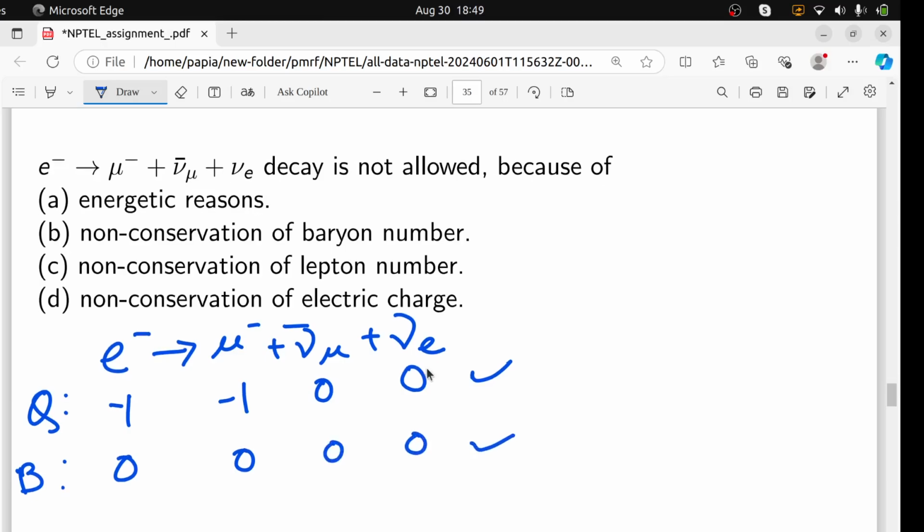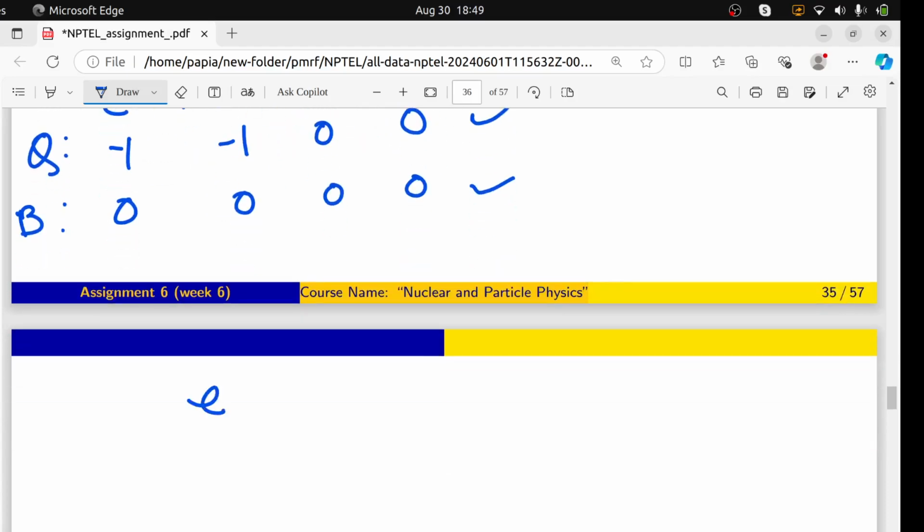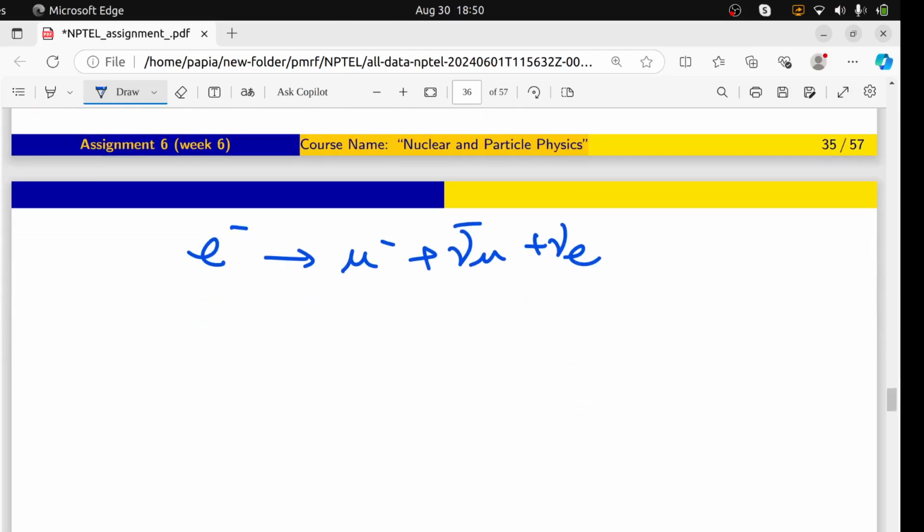Now come to lepton number, for mu minus, nu mu bar, nu e. Lepton number Le: for e minus it is 1, mu minus 0, nu mu bar 0, nu e 1.